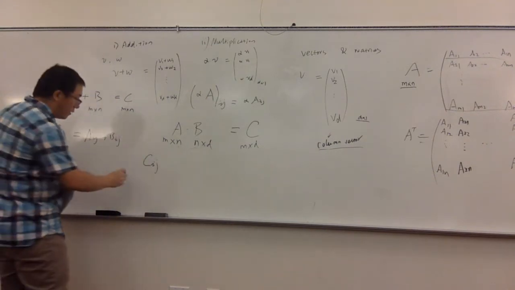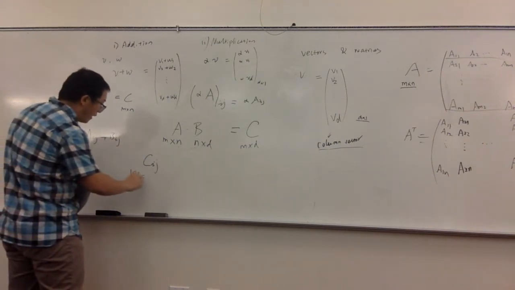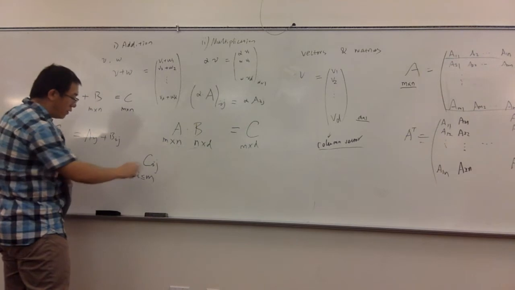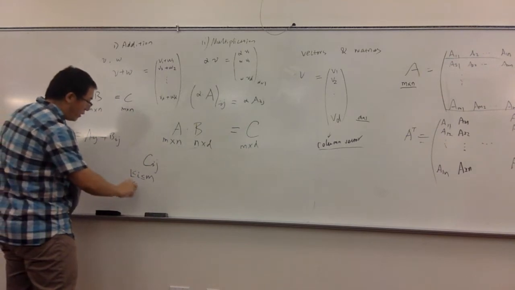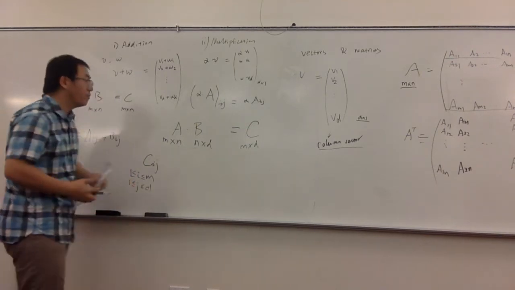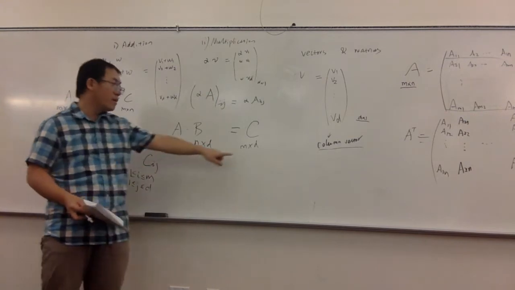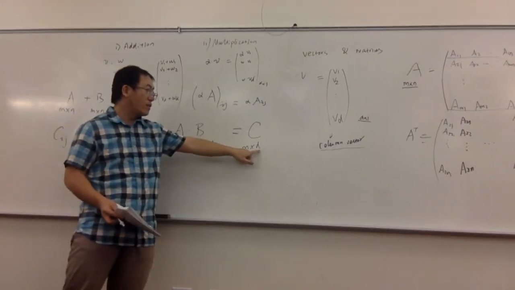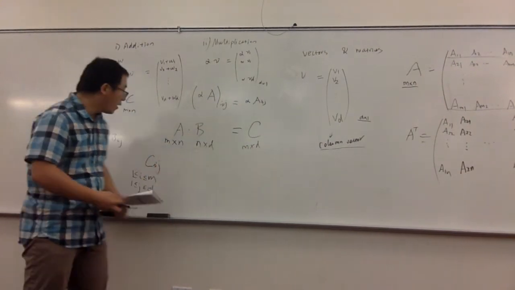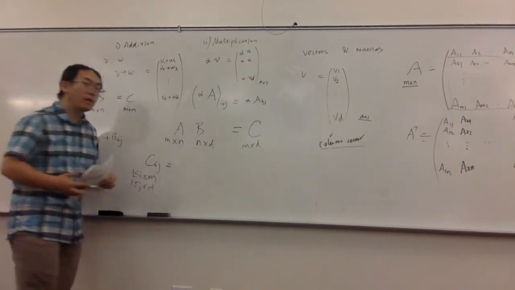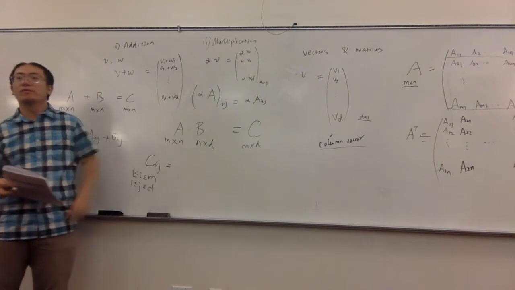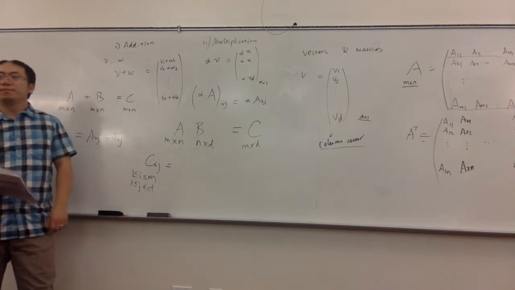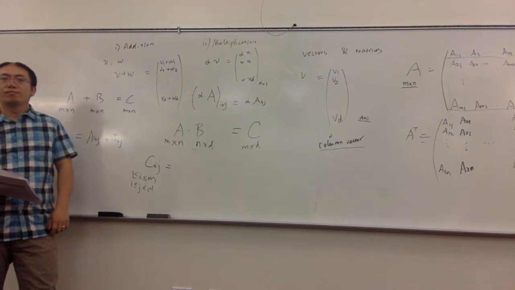We know that i must be between 1 and n, and j must be between 1 and d, because i indexes the row and j indexes the column. And how can we compute this element in terms of A and B? It is the ith row of A times the jth column of B, the row times the column.